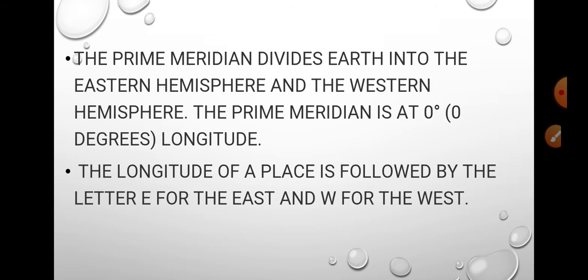The prime meridian is at 0-degree longitude. As we have read, the equator is 0-degree latitude. In the same way, the prime meridian is at 0-degree longitude. The longitude of a place is followed by the letter E for east and W for west.